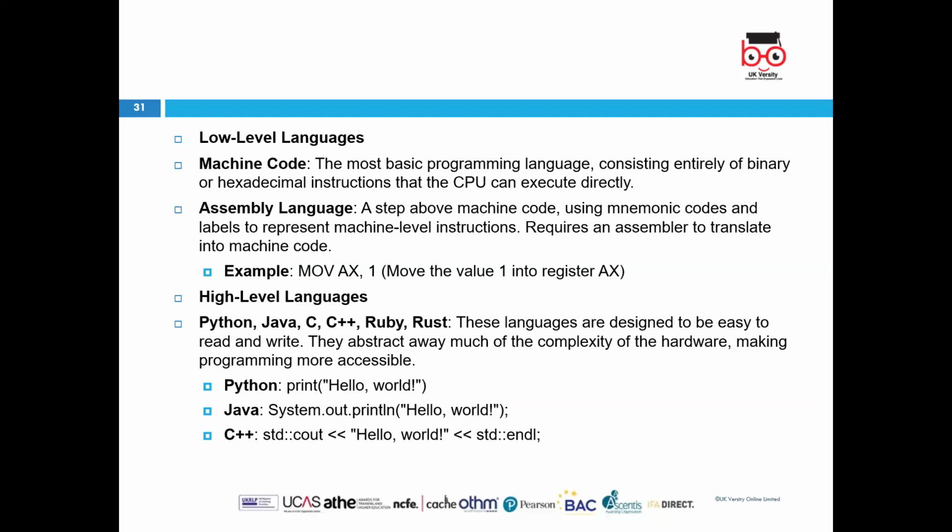We already gave an example for high-level languages, which can understand human language such as English, where we can give a command, an input, and our machine will return an output for us.